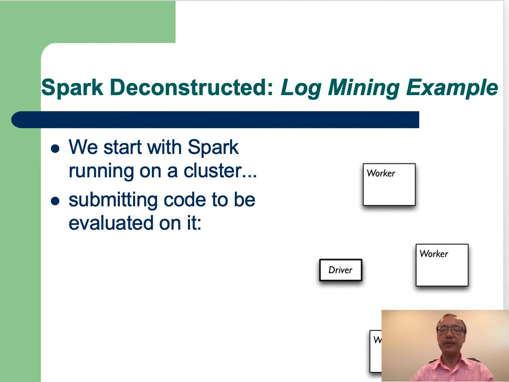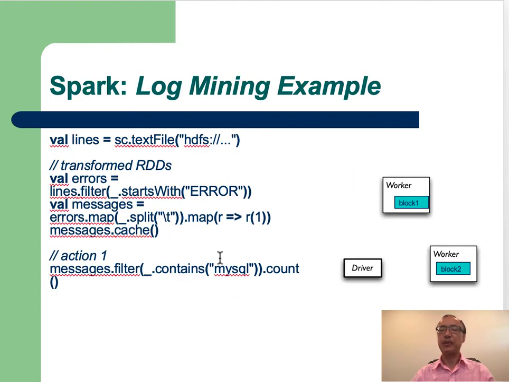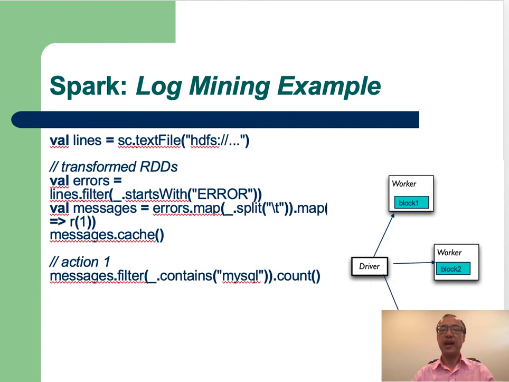In practice, it looks like this. First, the driver submits the work to the workers, with the data in HDFS, the distributed file system. And then we ask it to do actions. First, we do an action, and in order to do this, the driver will send all the work to the workers, going from the base RDD to the transformed RDDs.